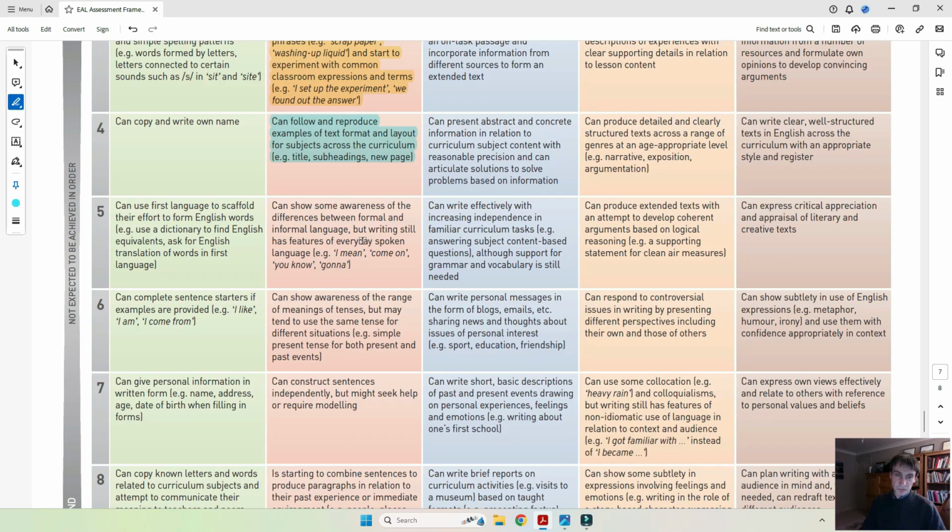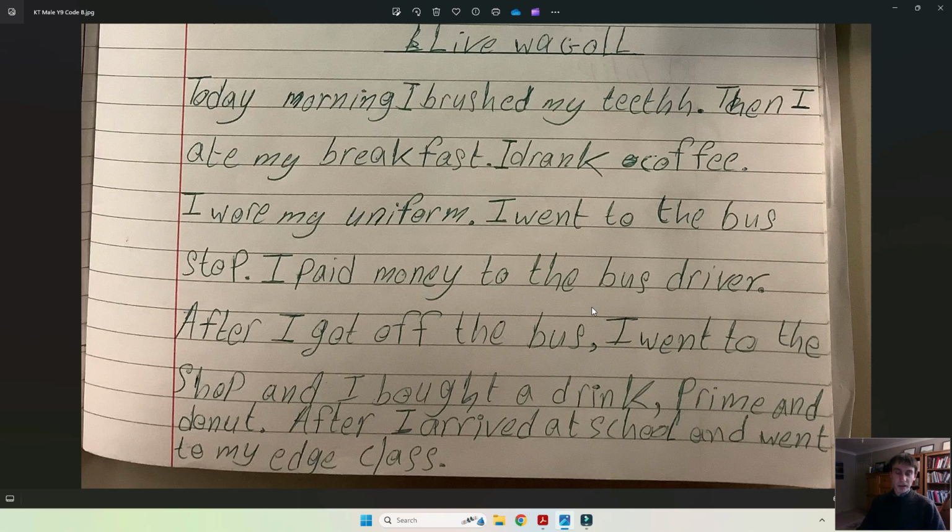Okay. Descriptor 5: can show some awareness of the differences between formal and informal language, but your writing still has features of everyday spoken language. Let's have a look at this. This is a very, very basic text, and it is quite informal, of course, because it's about a personal experience. So there's no reason here to use formal language. Therefore, again, we don't quite know whether this is the case.